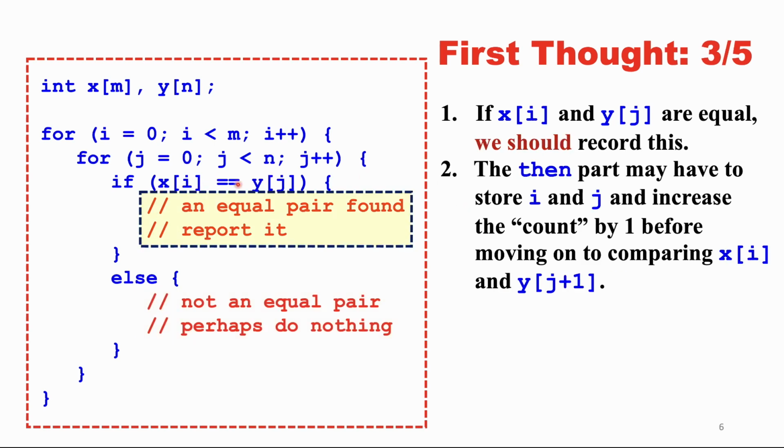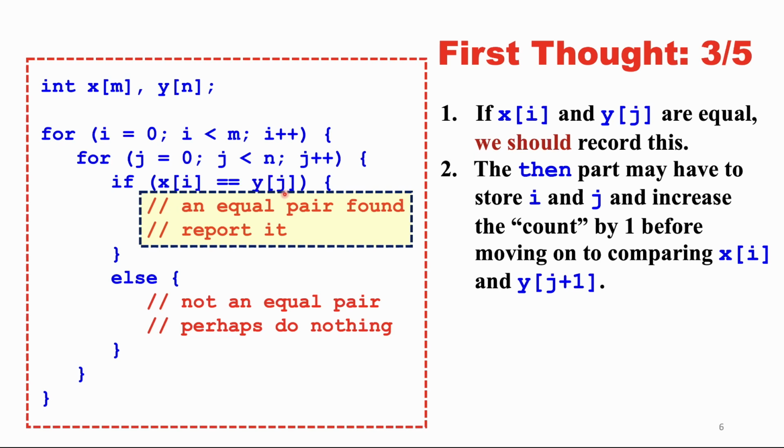Now, if xi and yj are equal, then this part may have to do something. If you like, we store the value of i and the value of j so that we know where to find this particular equal pair.